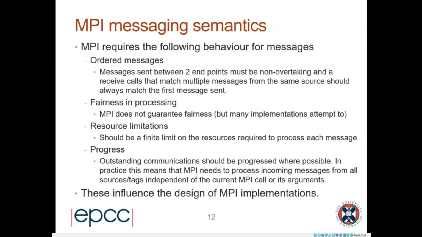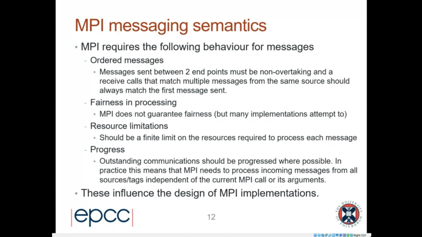And so MPI requires quite a bunch of things to be true. MPI requires ordering of messages. So all of these things are things you may not ever have thought of, but they do place quite strict requirements on the MPI library. Messages sent between two endpoints must be non-overtaking. Receive calls that match multiple messages from the same source should always match the first message sent. Actually, if you think about it closely, almost any MPI program you write requires this to be true.